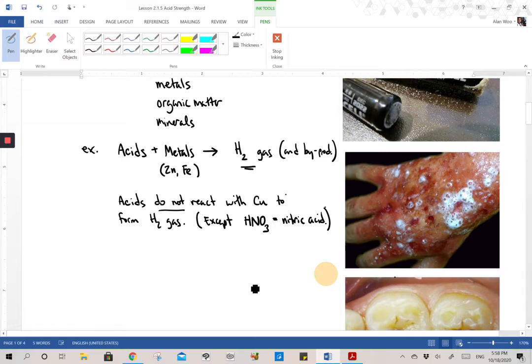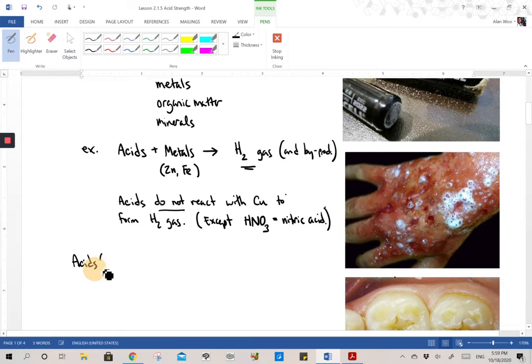So when we're considering acid strength, we have to consider what it's reacting with. We also have to consider other factors too, and one such factor is concentration.